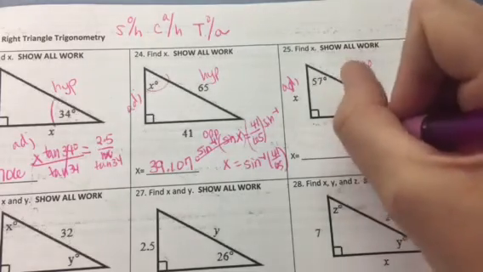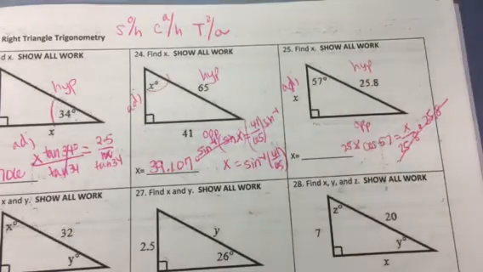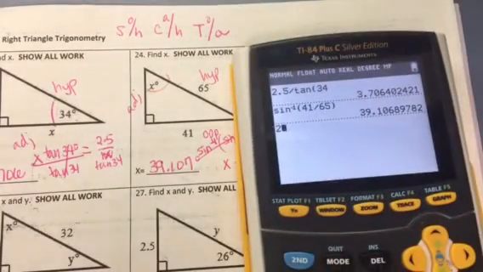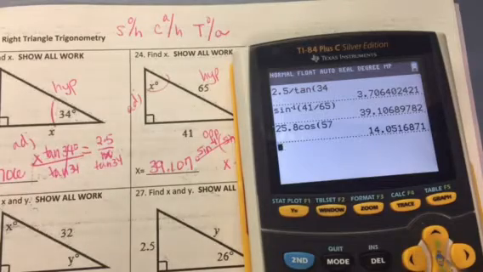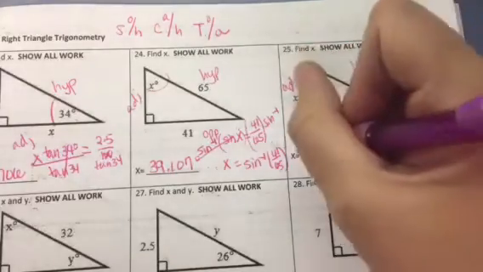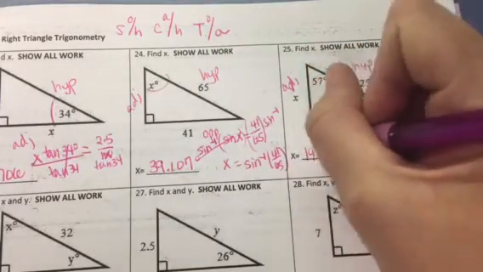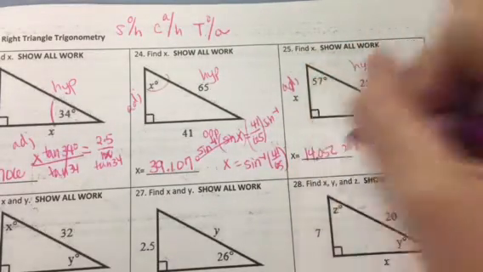Cancels on the right. So I get 25.8 times the cosine of 57 is equal to x. I could plug that in, 25.8 cos 57, enter. We get 14.052. So that side should be about 14.052.